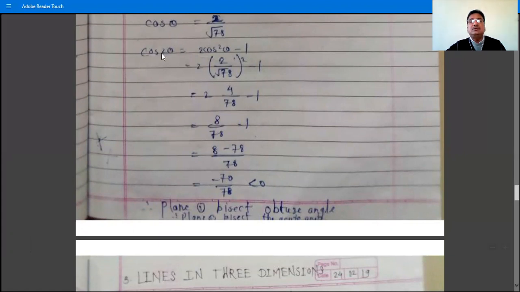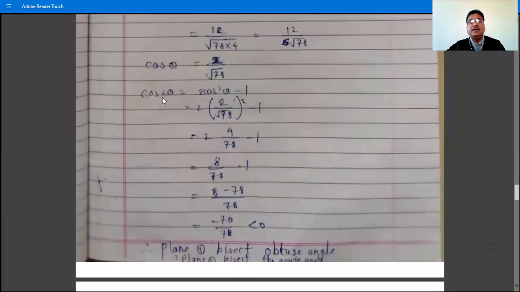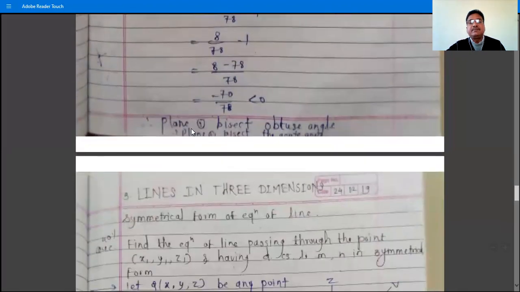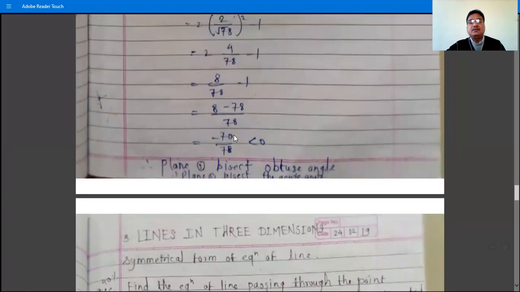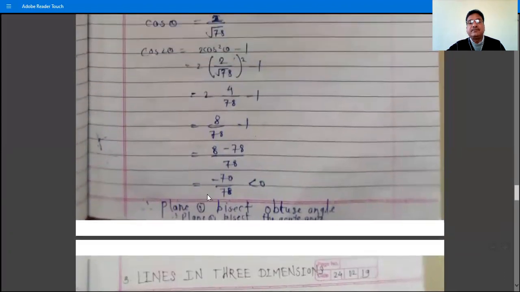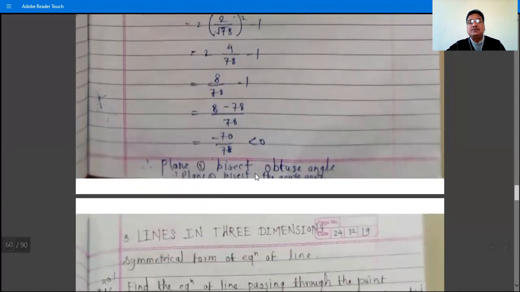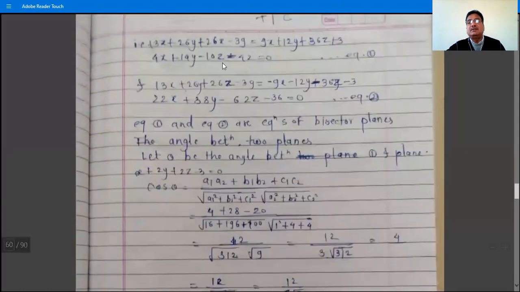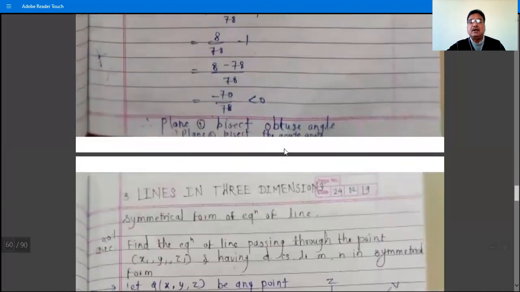So if 2 theta is larger than 90 degrees, then its cos is negative. So cos 2 theta less than 0 means 2 theta is larger than 90 degrees. And because cos 180 is minus 1, this angle 2 theta is an obtuse angle, and therefore plane 1 bisects the obtuse angle.